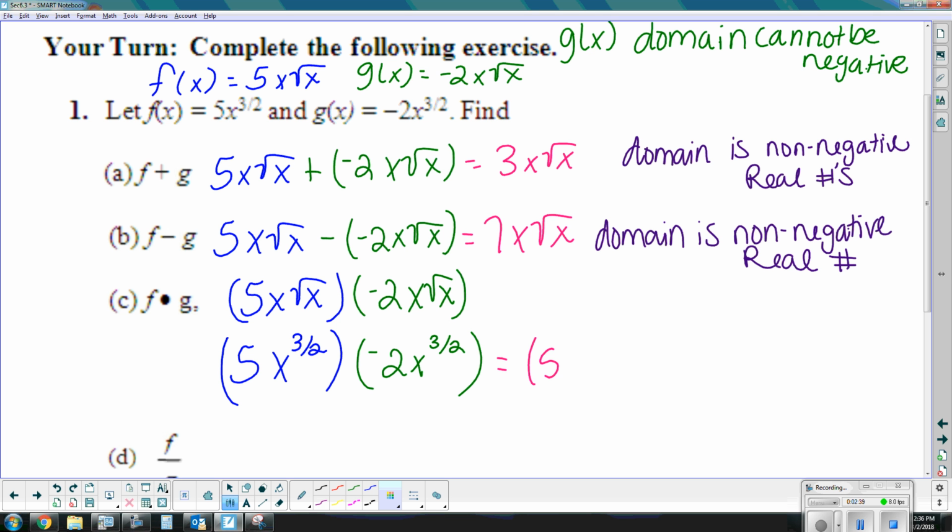So this is 5 times negative 2 times x to the 6 halves. Now, because the domain of h of x has to be the domain of f of x and the domain of g of x, the domain here is all non-negative real numbers.